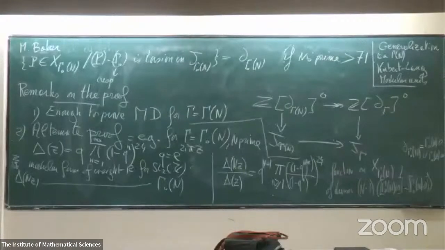But the original Manin-Drinfeld proof is not explicit in that way. They have a way to show that the divisor is torsion, and you can put their proof into practice in every case. But there is no general formula that this type of proof gives you.